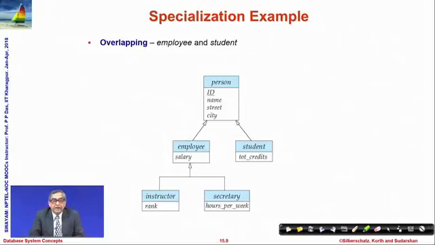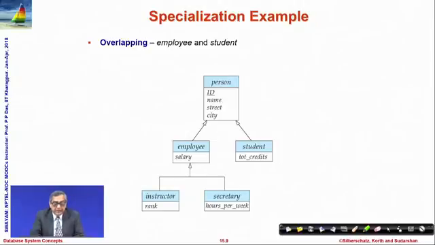A similar entity set, student, is a specialization of person, where again all attributes are inherited, but there is a common attribute called total credits, which is common for all the students, but is not available or common for the persons in general.